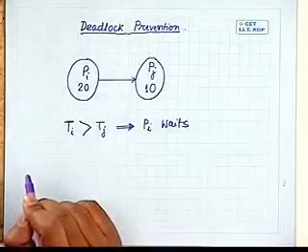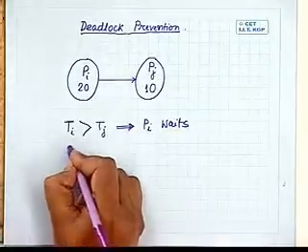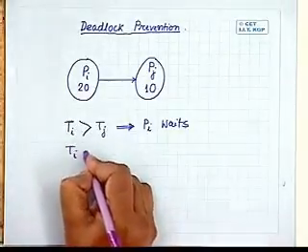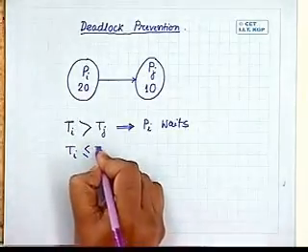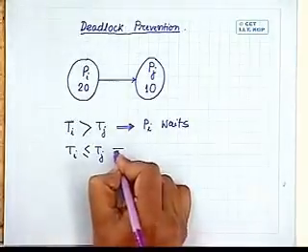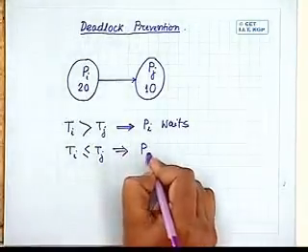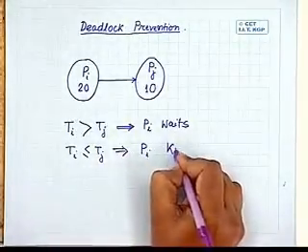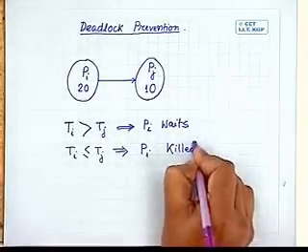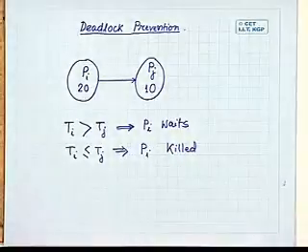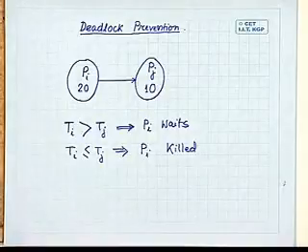Otherwise, if Ti is less than or equal to Tj, then Pi will be killed. A very simple strategy like this.